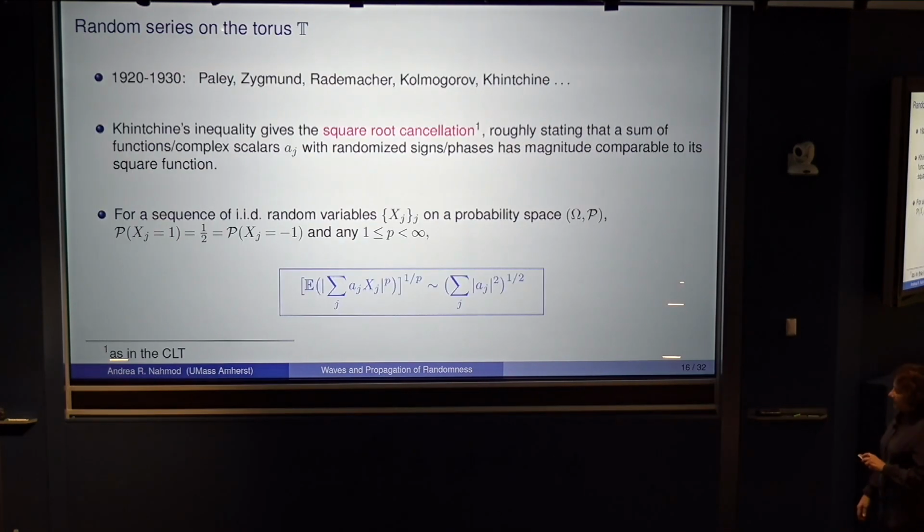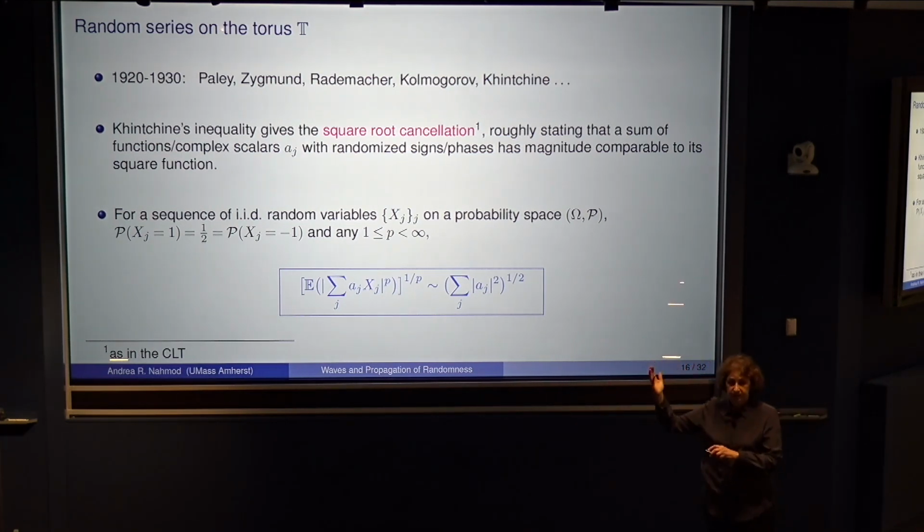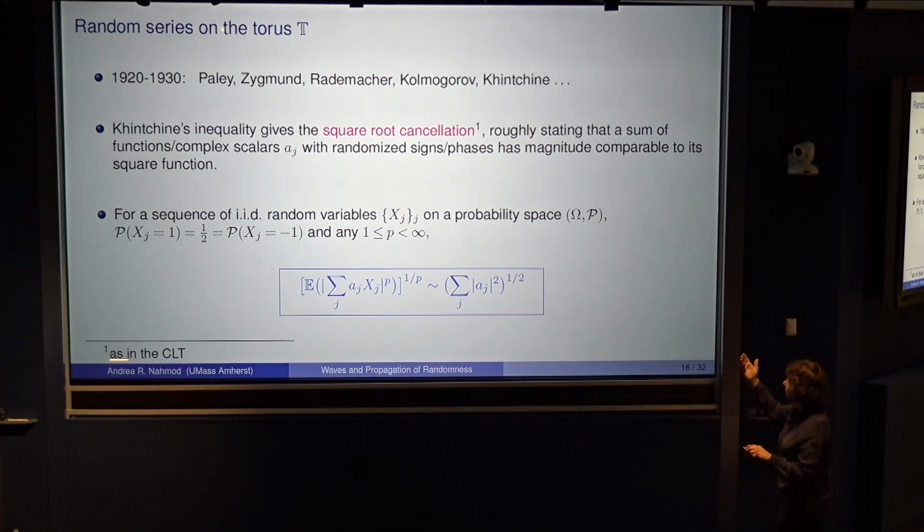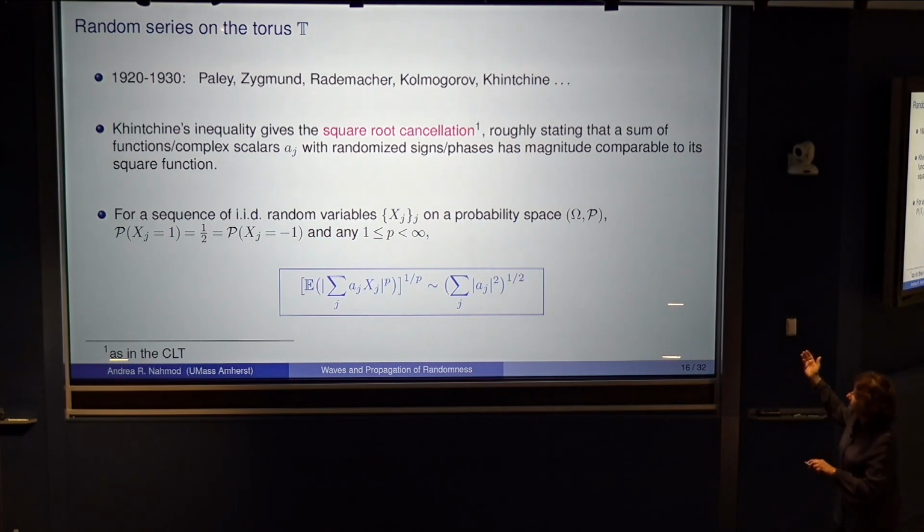Now, the subject of random data is actually very old. People studied this in the 20s and the 30s, and it goes back to the study of random series on the torus by Paley, Zygmund, Rademacher, Kolmogorov, Khinchin. In particular, Khinchin's inequality, which is very much like the central limit theorem, tells you that you have this square root cancellation: if you take the sum of some scalars and you randomly change the signs of these scalars, then the magnitude of this sum is comparable to the square function.